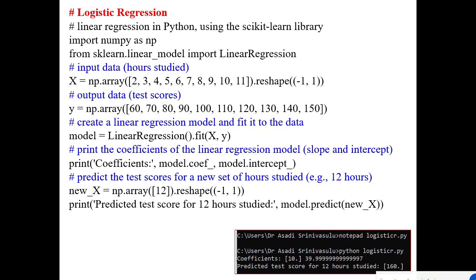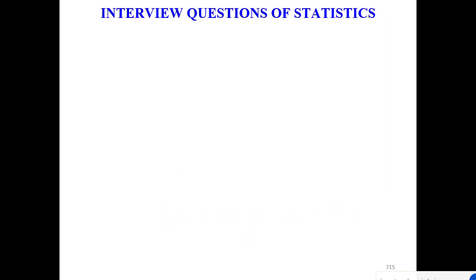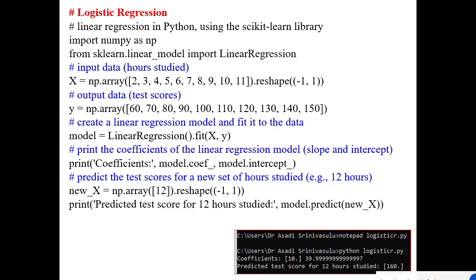Create a linear regression model and fit it to the data, model called LinearRegression dot fit x comma y. Print the coefficients of the linear regression model, and we are printing those values. Predict the test score for a new set of hours studied, example 12 hours. How many marks is it getting? Print predicted values. Okay. So likewise we are solving the problem called logistic regression. Okay. Now you can use that function directly.